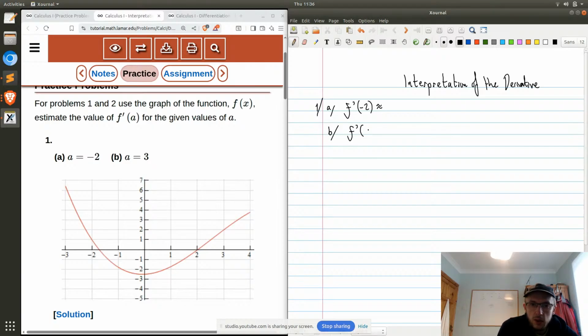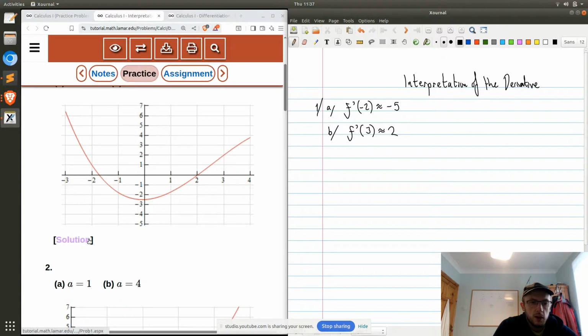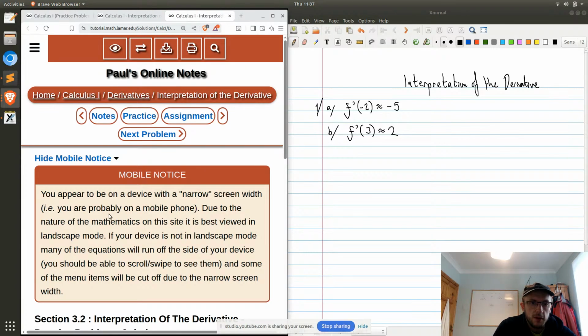So f prime of 3 is close to 2, whereas f prime of -2, if I draw a line mentally connecting this up here, it's actually somewhat close to, let's say, -5. All right, so I'll check and see if my estimation is reasonable.